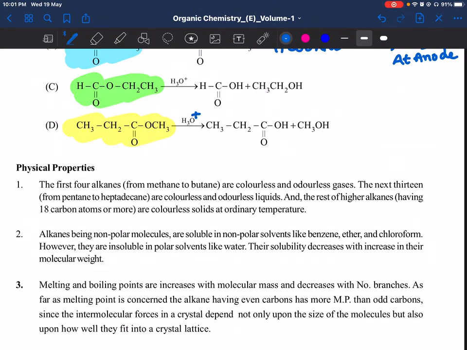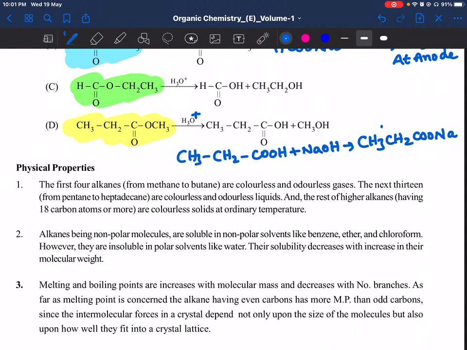This propionic acid reacts with NaOH to give sodium propionate, CH3CH2COONa.